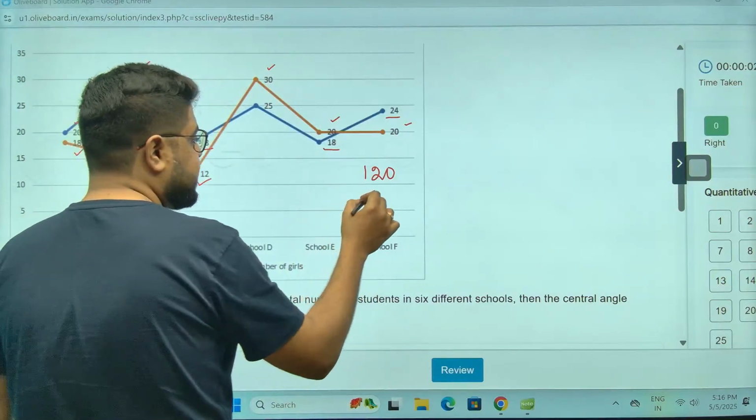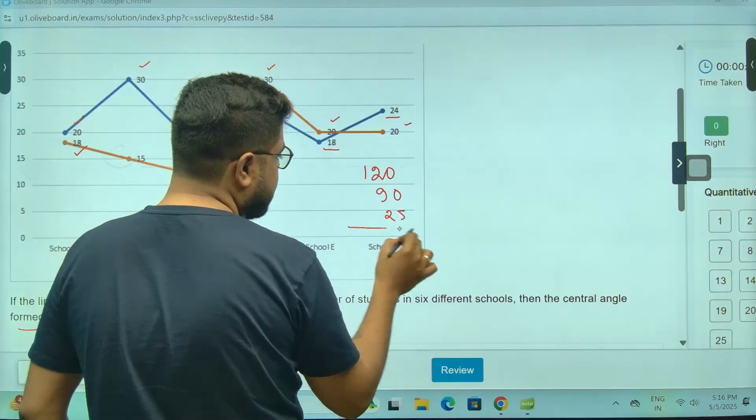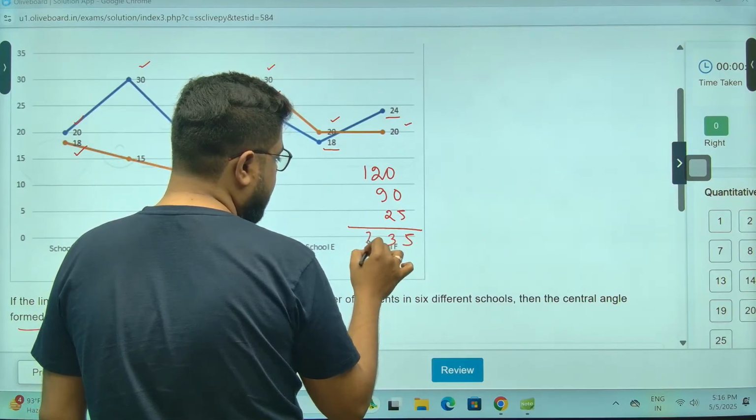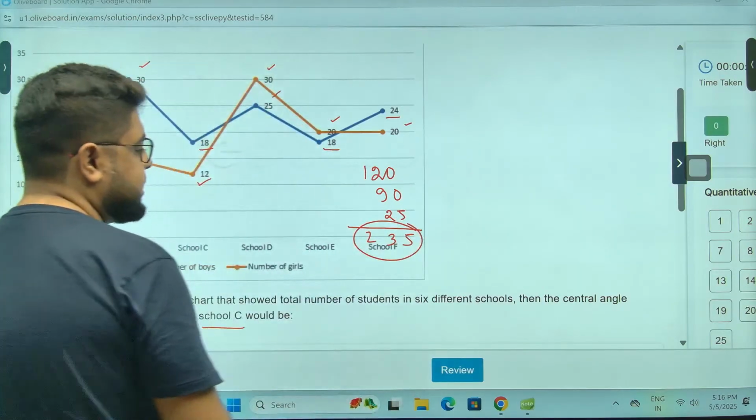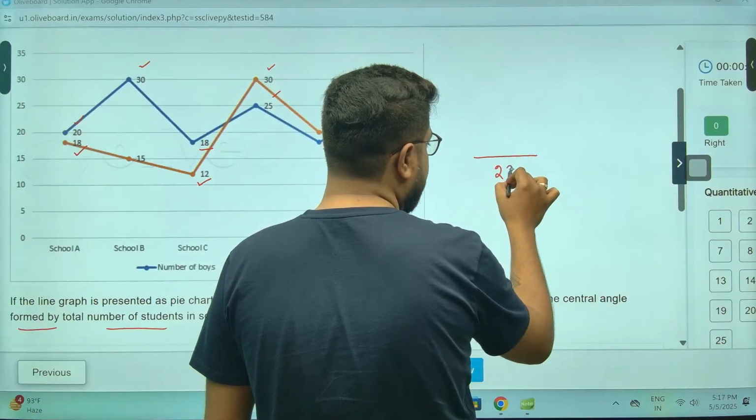So 30 and 60 is 90. And the remaining is 25. Okay. 235 students in total, sir.